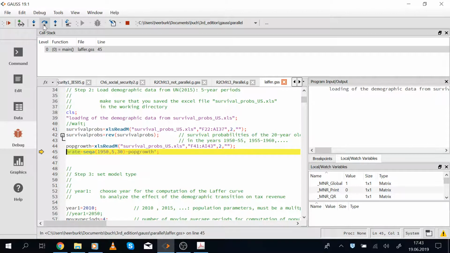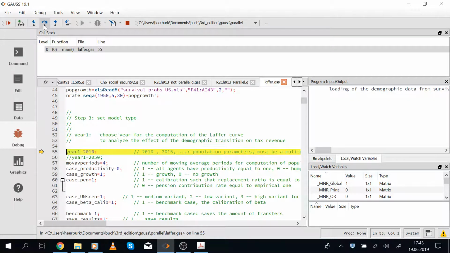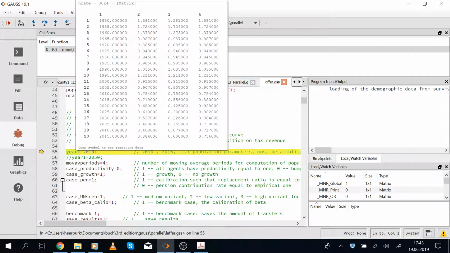We also load the population growth rate from the survival props US Excel file. Here our data contains the year 1950 and the population growth rate 1.581% in the year 1950, and it's also projected up to the year, I think, 2095.